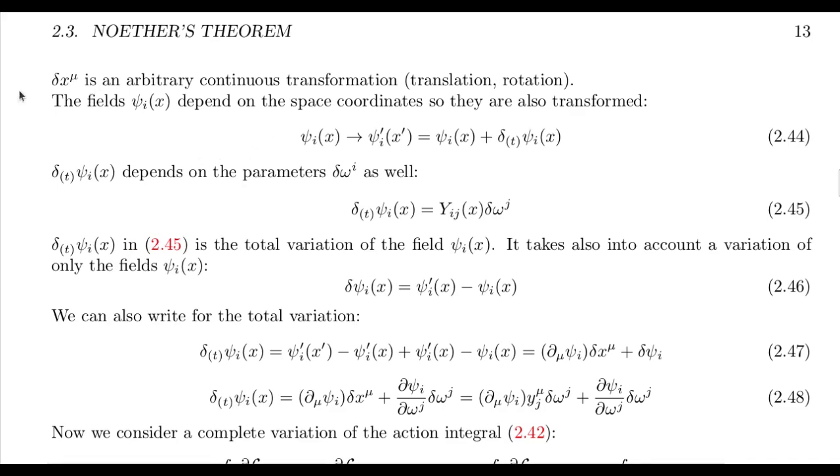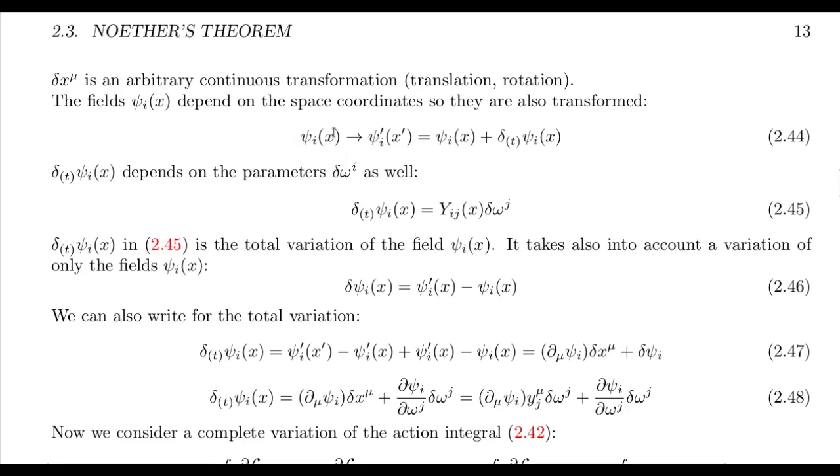We can say a delta x that is an arbitrary continuous transformation. Okay, in the space-time coordinates we can have a translation or rotation. And of course the fields psi, they depend on those space-time coordinates. And so they are also transformed then.